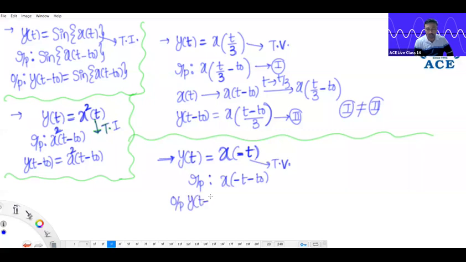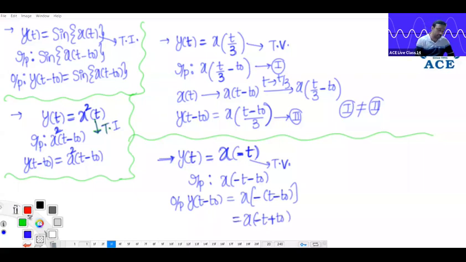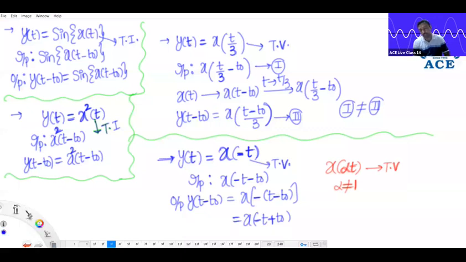But output delay means x of t minus t naught gives x of minus t plus t naught. The results are not the same, so it is variant. In general, time scaling is a variant operation for alpha not equal to 1. In this example, alpha is 1 by 3, here alpha is minus 1.